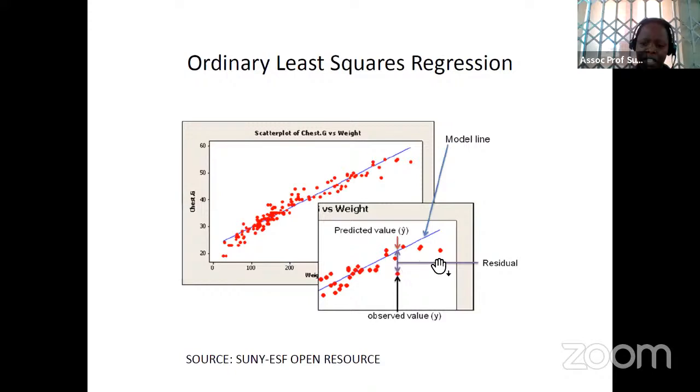And that difference is what we call residual or error. And the blue line is called the model line. When we use the model line to predict y for a given value of x, we get the predicted value.